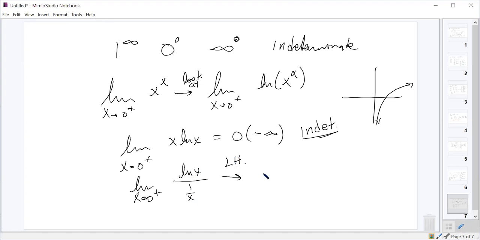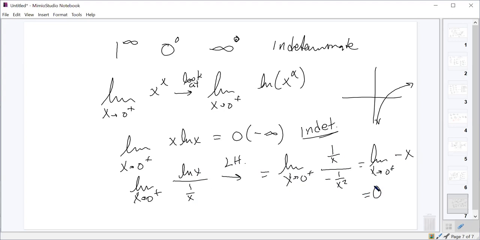Don't forget to do that. You'll end up with the limit as x approaches 0 from the right of 1 over x over negative 1 over x squared. When you simplify this down, it's the limit as x approaches 0 from the right, once again, of negative x squared over x, which is just negative x, which is 0.